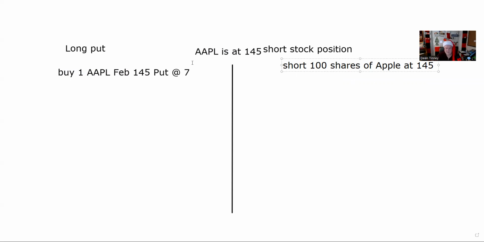Now let's just put that here. The capital commitment to buy this put is $700. And to sell short this stock, you would have to come up with half of 14.5. So I'll just put that up here. You need to come up with 50%.